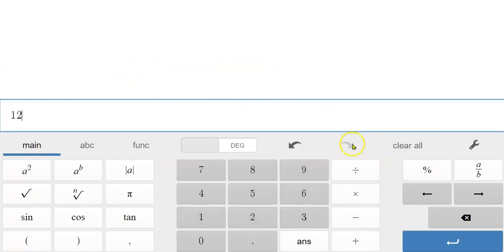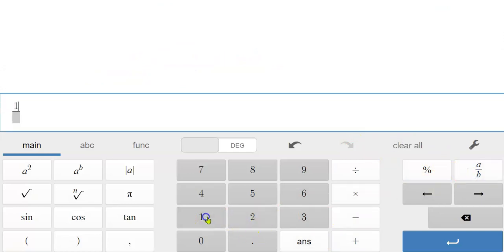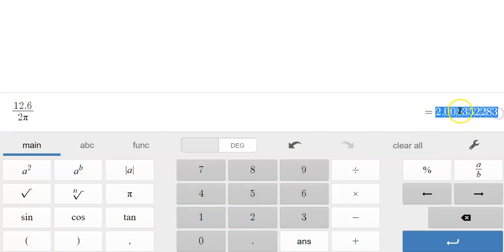12.6, and in the denominator, I'm going to write 2 pi. And although I know you want to stop there and use the number 2, I need you to use at least 5 or 6 numbers after the decimal. And I need you to do that because I want you to use a very accurate number.